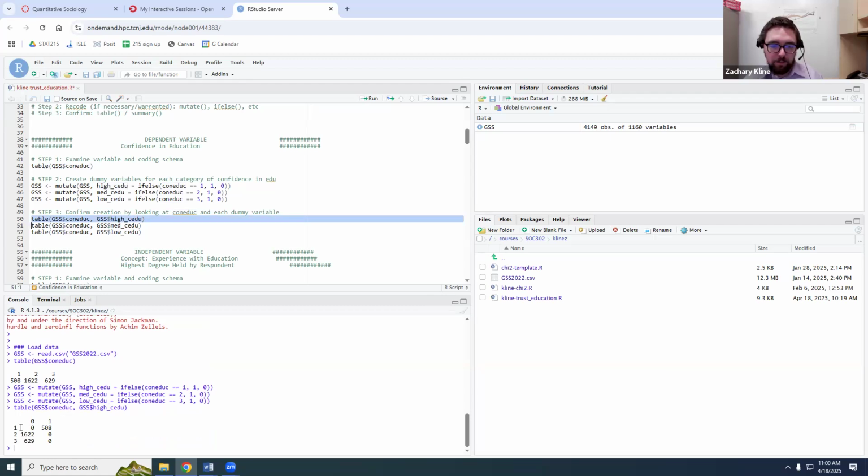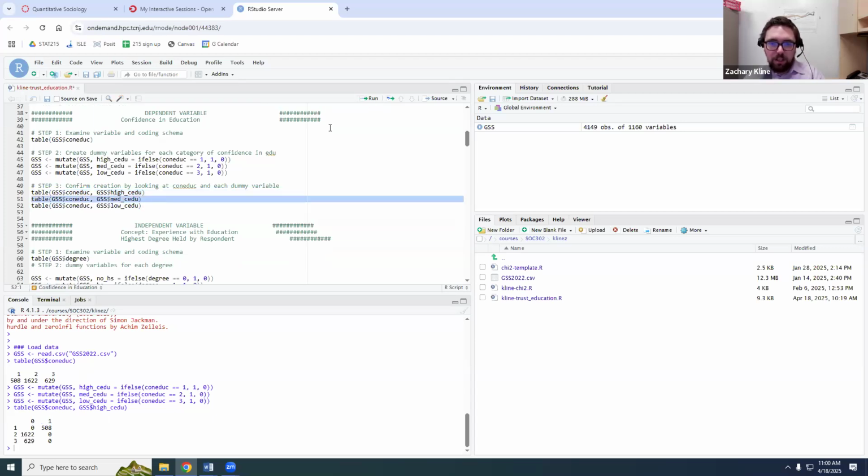If we take a look at that, we see our crosstab where these 3 rows are values of confidence in education and these 2 columns are values for highCEDU. So these 508 respondents have a value of 1 for conEDUC, and they also have a value of 1 for high confidence in education, highCEDU.